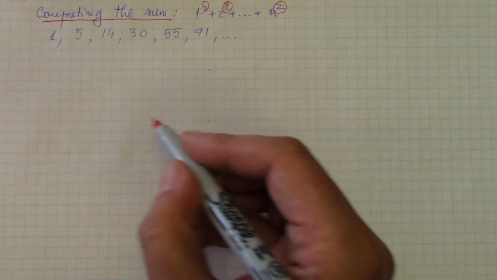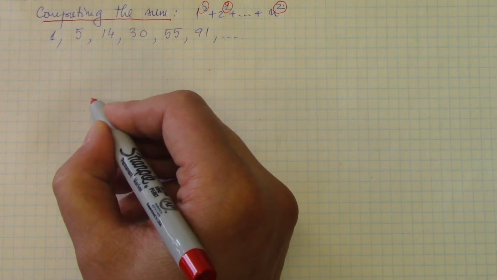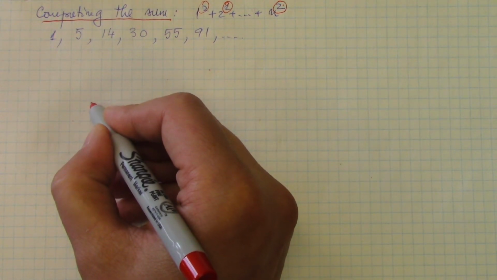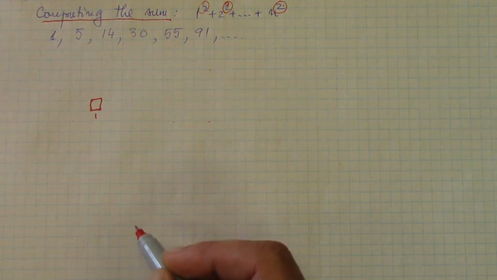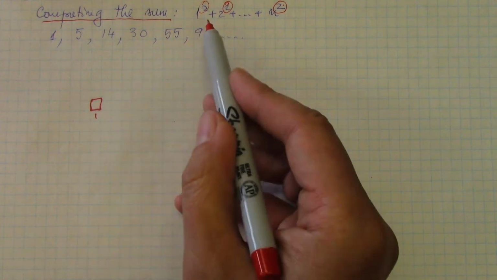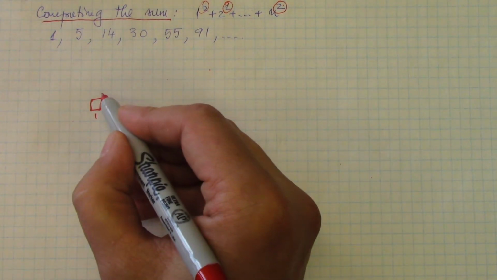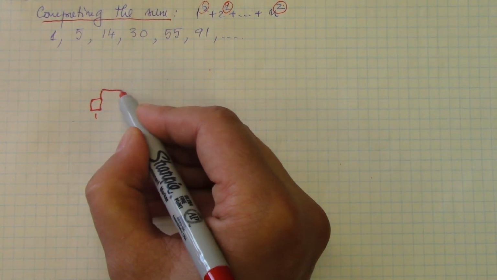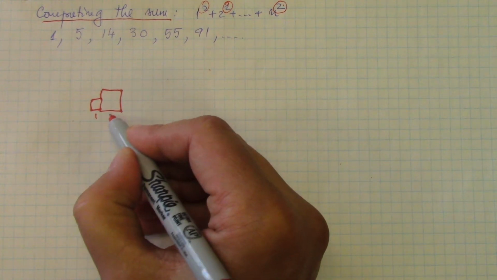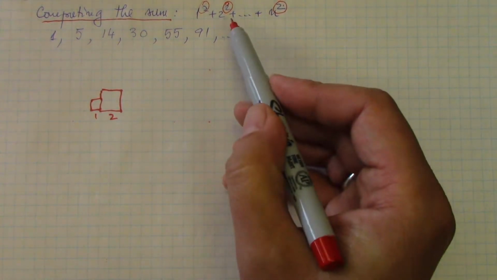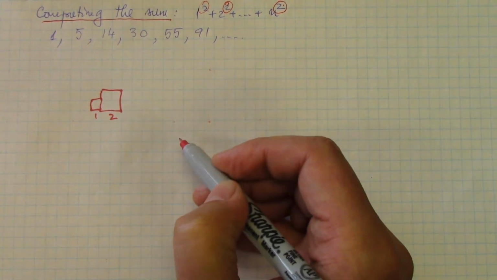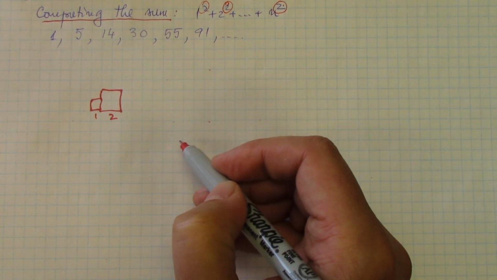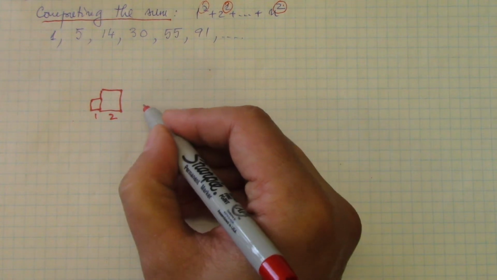So how about we do something like this: this little square of side 1 has an area of 1 to the power of 2. Then next to it, if we put another square of side 2, we get our 2 to the power of 2. Then next we put the square of side 3, side 4, and so on and so forth.